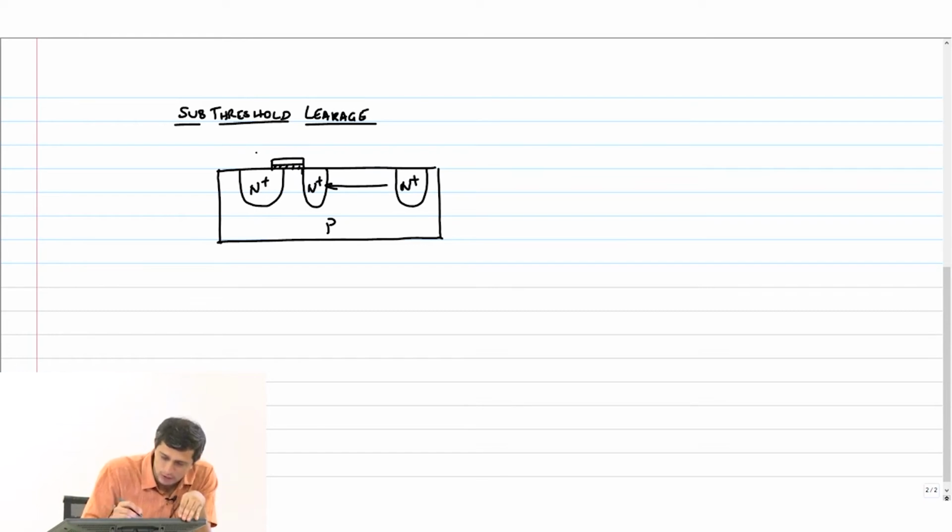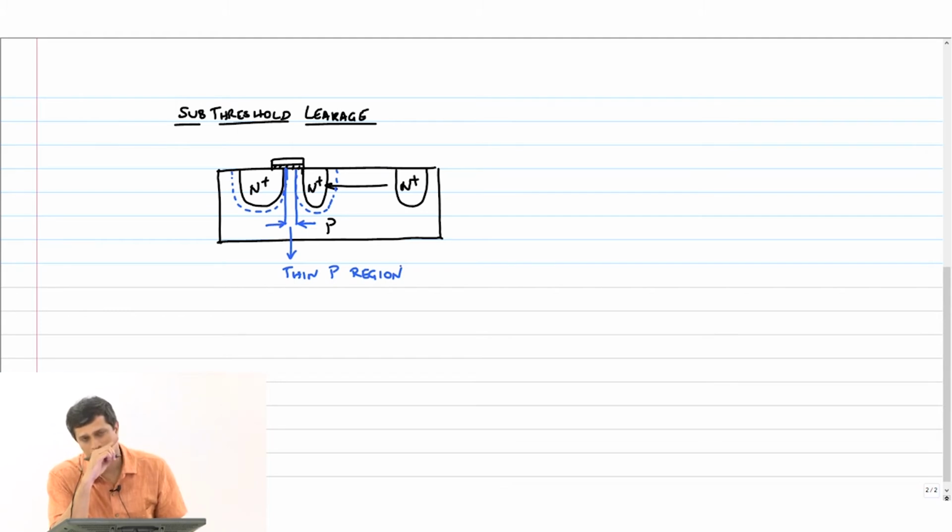This, if you consider post the depletion and all that, because of the applied potentials, becomes a very, very thin P region, okay, and therefore this structure now resembles a bipolar junction transistor, okay.